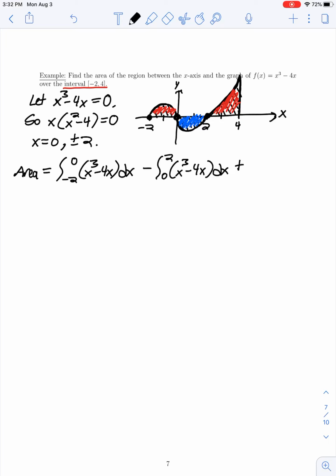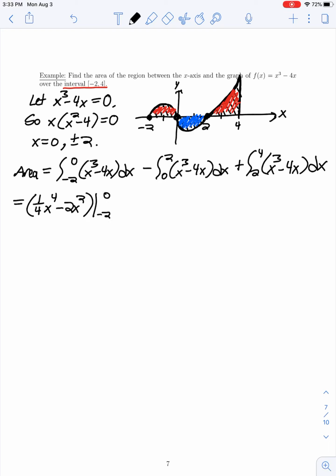And then we would add the definite integral from 2 to 4 of x cubed minus 4x dx. All right. So let's see if we can evaluate this. Each function is the same, so we're going to have the same antiderivative, namely 1/4 x to the 4th minus 2x squared.